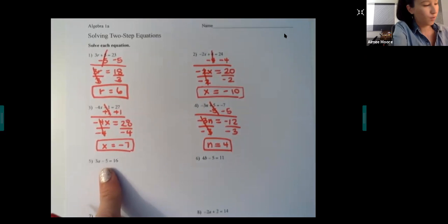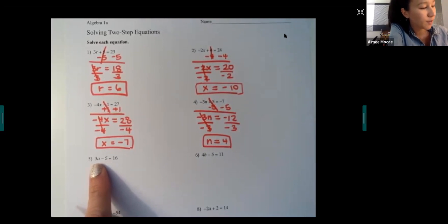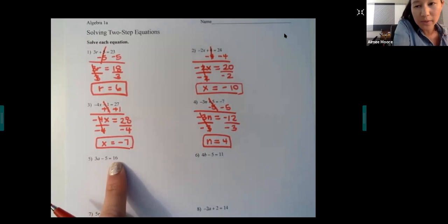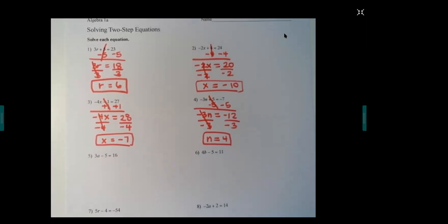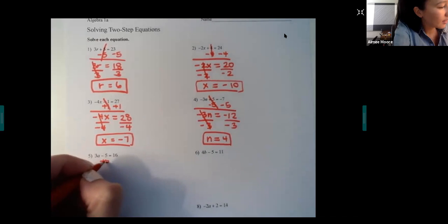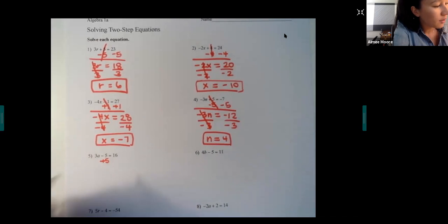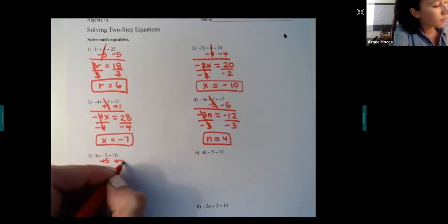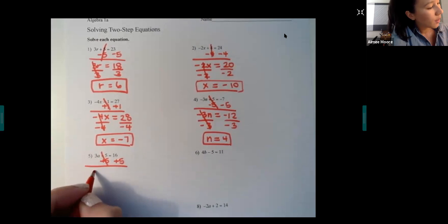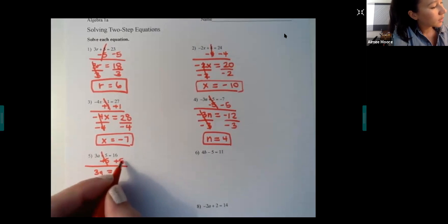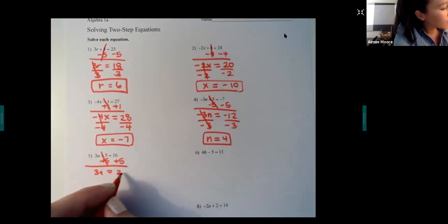Okay, we'll go back through again. Amari, what would we do first for number 5? 3a minus 5 equals 16. So add 5. Yep, we're going to add 5, and whatever we do to one side, we have to do to the other side. That leaves us with 3a equals 16 plus 5, which is 21.